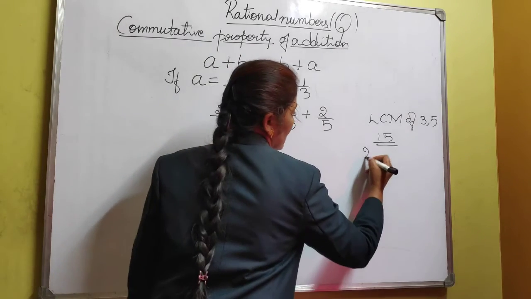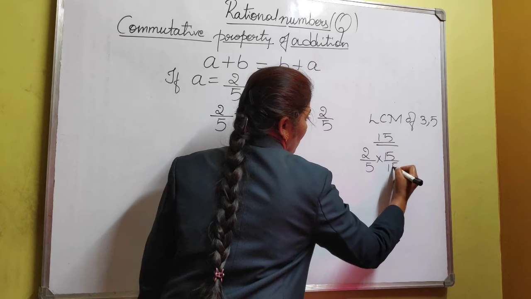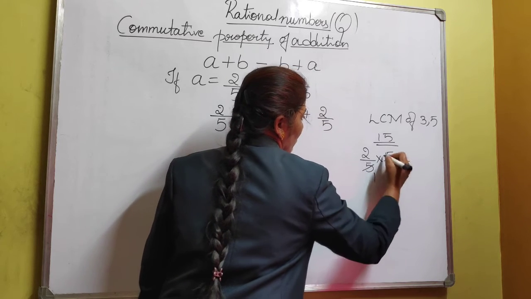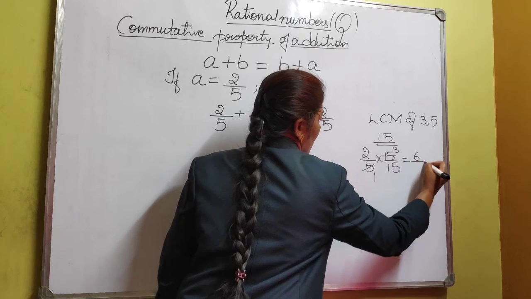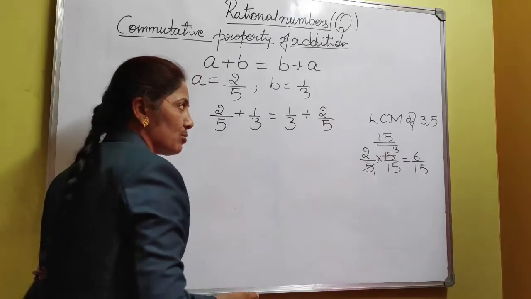Let us equalize 2 by 5 by multiplying by 15 by 15, which is 3 by 3. 2 threes are 6, so this will be 6 by 15.